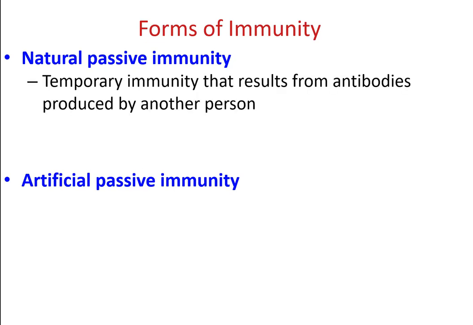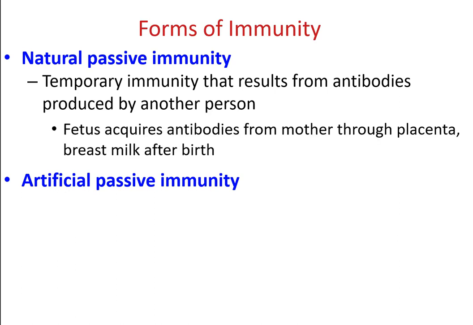So, of course, natural passive immunity is where you get temporary immunity from antibodies from another person. We're talking about motherhood here, right? We're talking about the antibodies that might pass through the placenta and also in the breast milk. This is temporary protection for a fetus or for a newborn. Our immune system doesn't really start revving up until around 2 or 3 months of age.